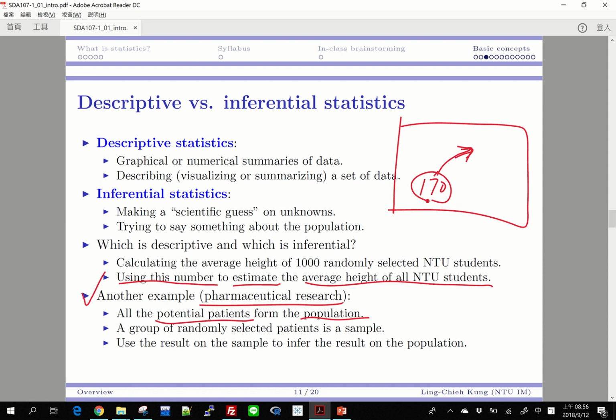So in that case, all I can do is to get a group of randomly selected patients. I let them take my medicine, take treatments, and I see some result, and then use that result to infer the result on the population. So certainly we need some kind of statistics or scientific ways to do that. Otherwise, we cannot trust all the drugs that we may purchase from the market.